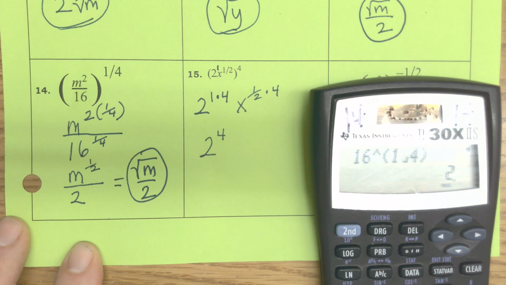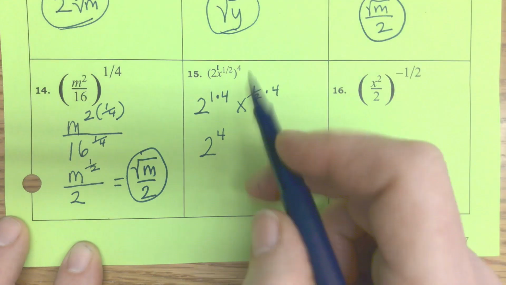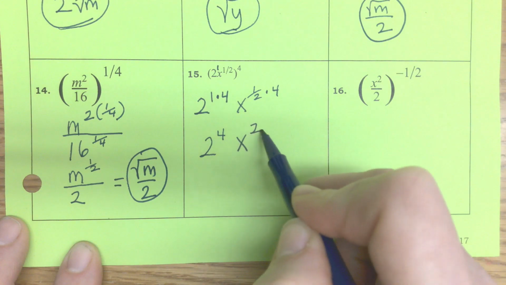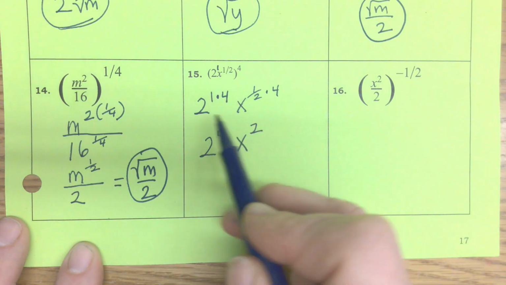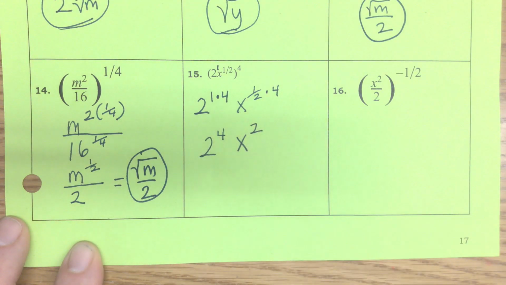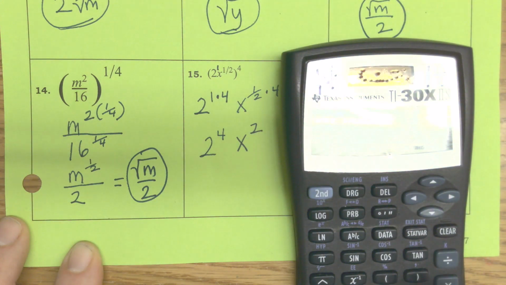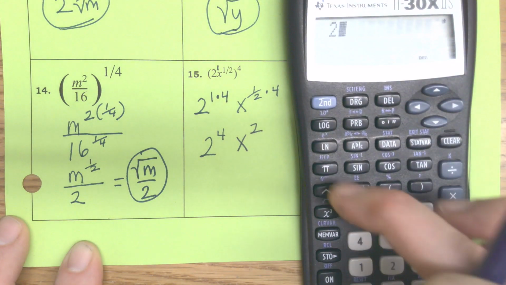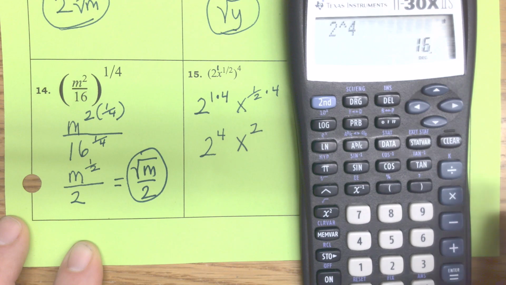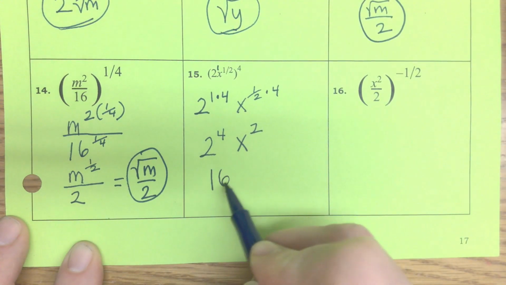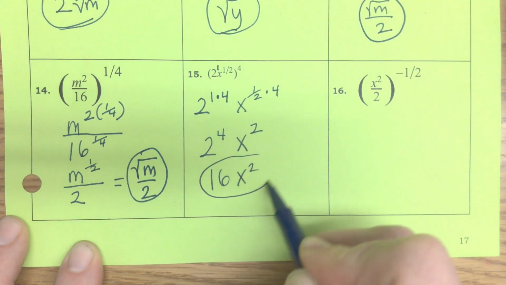This would be 1/2 times 4. Half of 4, 2, that makes sense. x to the 2. 2 to the 4th, I can figure that out. Ray already got it. 2 raised to the 4th. So 16x to the 2nd is my final answer.